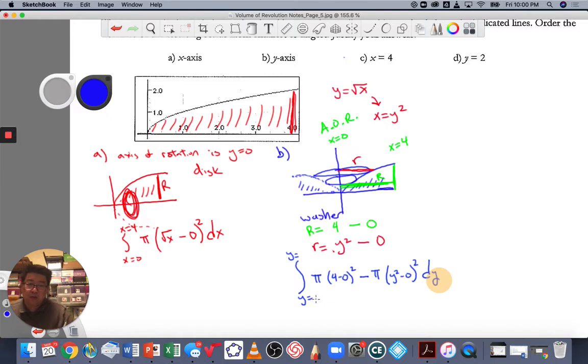All right, so where does this go to? Well, the y value at the bottom part here is 0. What's the highest y value? Well, this point here is 4 comma 2. Square root of 4 is 2. So the y value here is 2, so we're going to go all the way up to 2. So there is your volume.